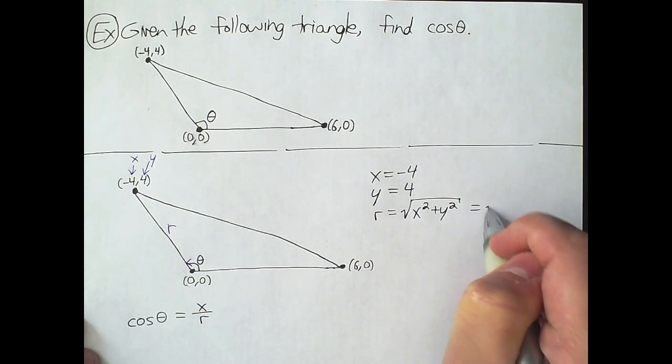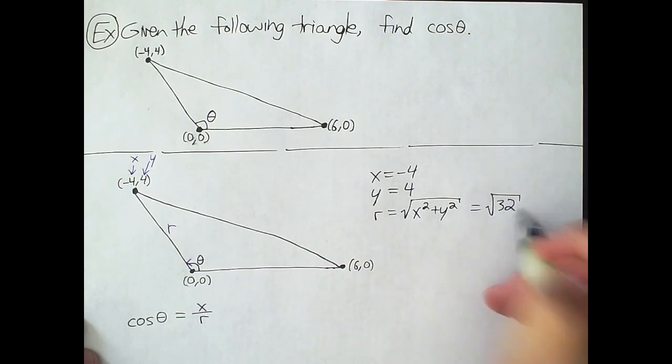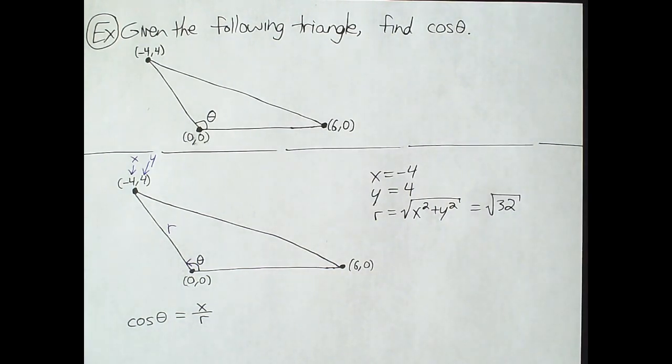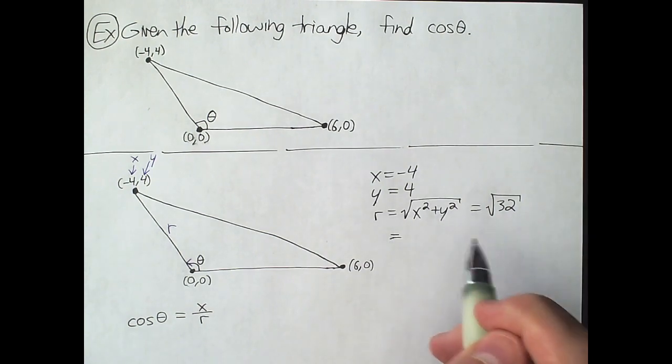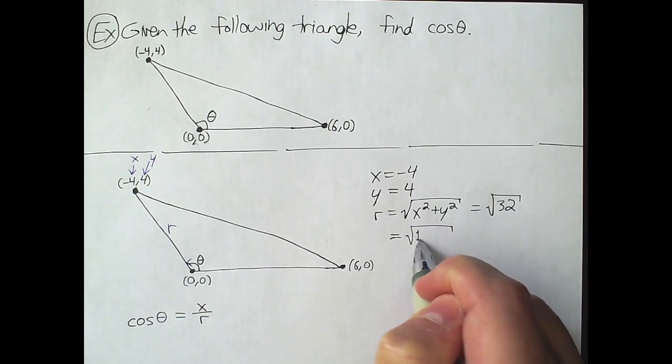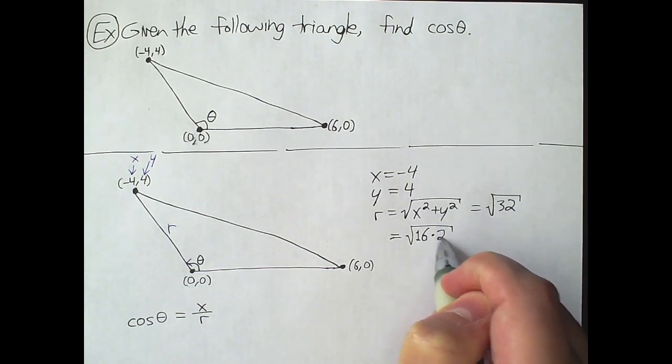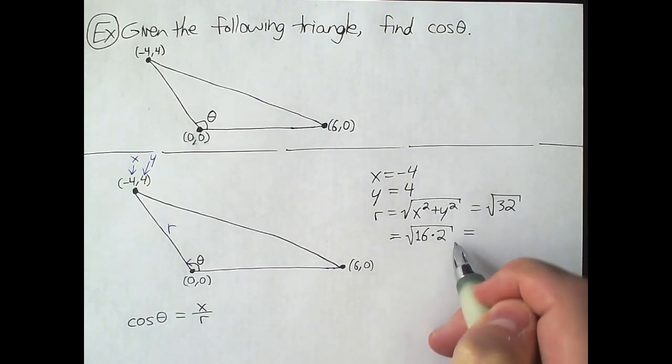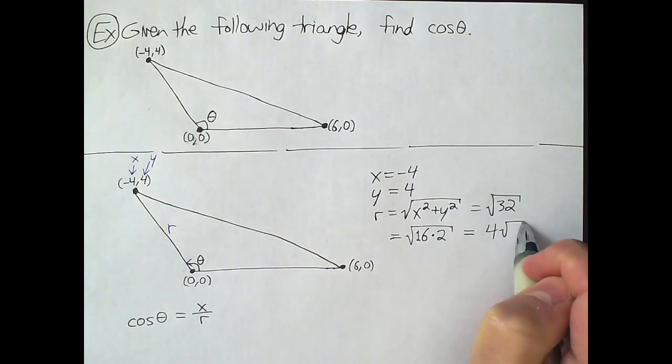So this is 16 plus 16, which is 32. We'll see if we can simplify that at all. The thing I notice about the square root of 32 is that it is 16 times 2. And I know the square root of 16 is 4. So this is 4 times the square root of 2.